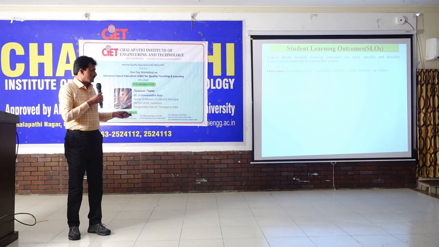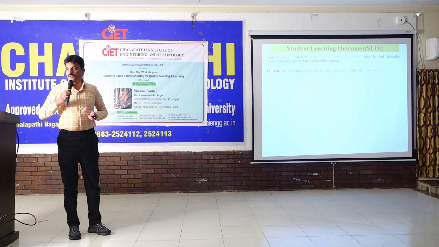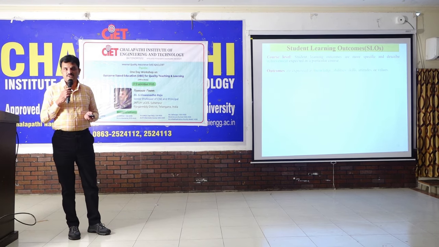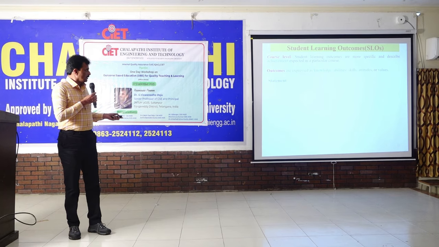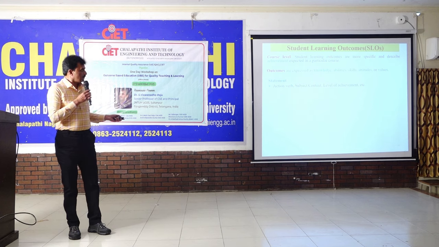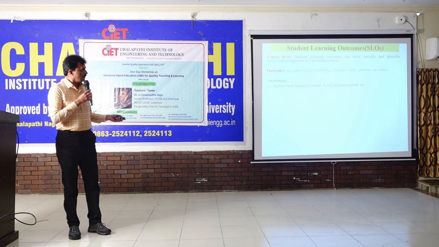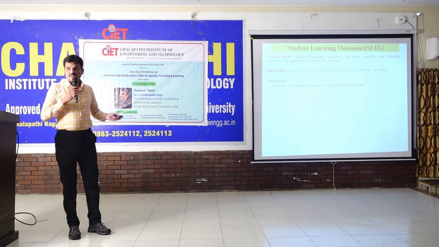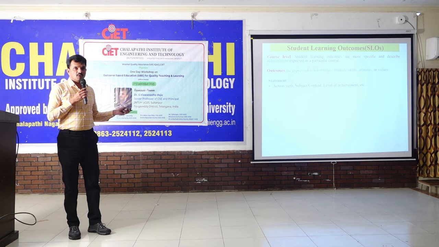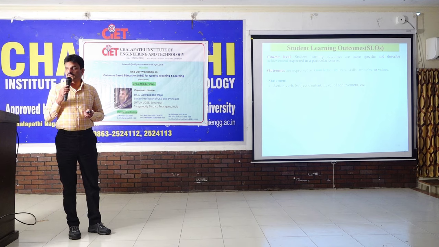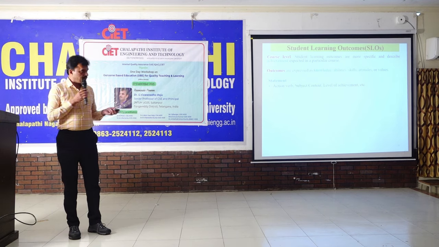Next, outcomes are expressed as attitude, skill, knowledge, as we discussed already. Then an outcome is a statement. The statement consists of, one, an action verb; next, it has to specify very clearly the subject content; next, the level of achievement, etc. So if I am writing a course outcome, I should keep in mind the components: action verb, subject content, level of achievement.